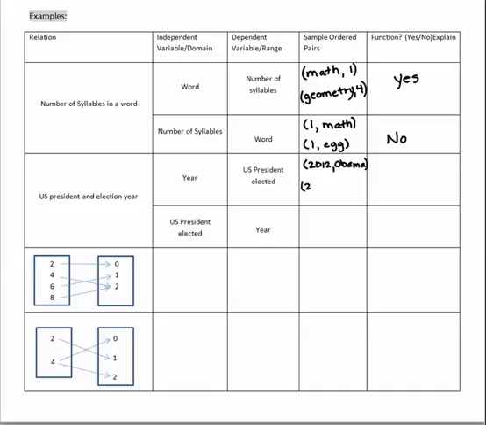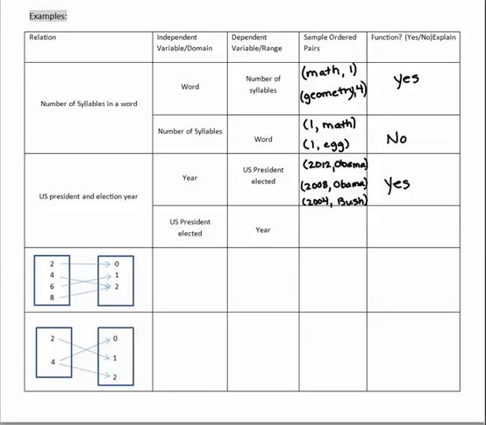Now, of course, in 2008, the output would also have been Obama, but that's okay. For each year, there's only one output. If I back up a little bit further, if I go back to 2004, I have the single output Bush. So I'm going to say yes, this is a function. Every input has just one output.